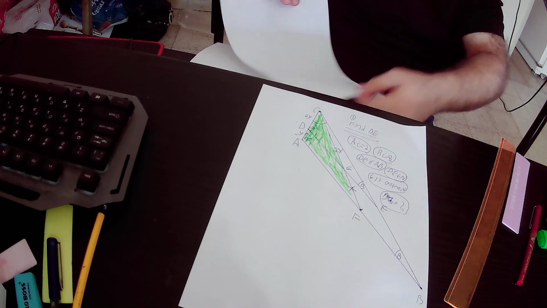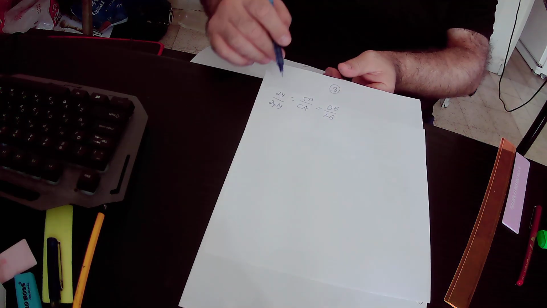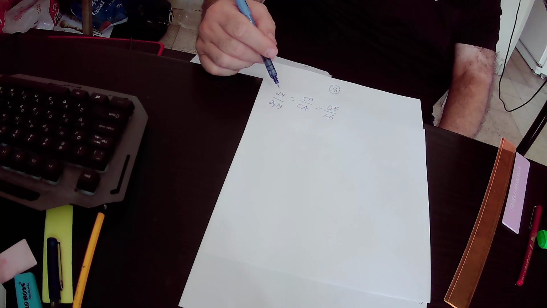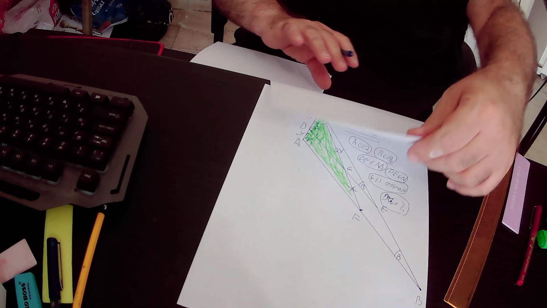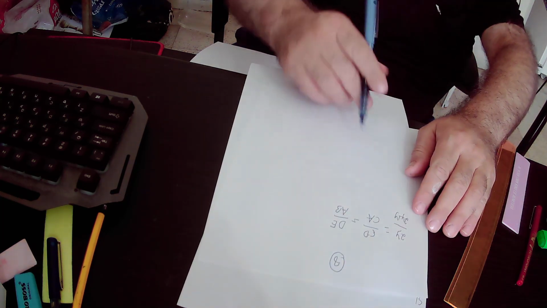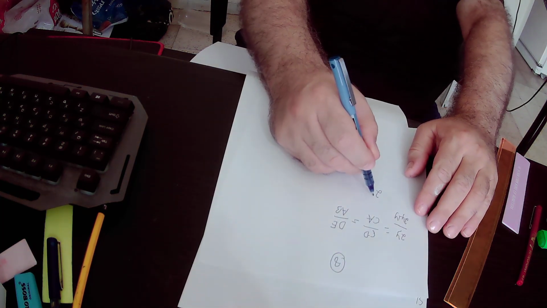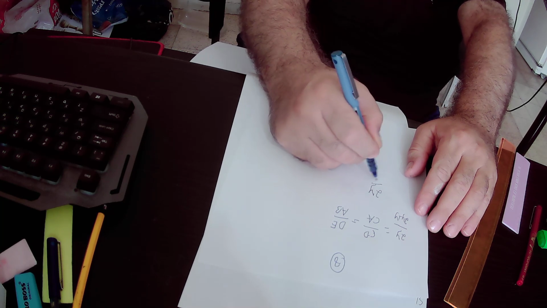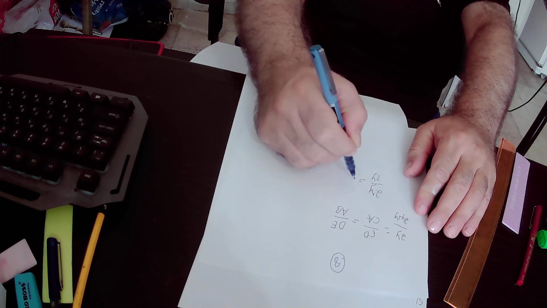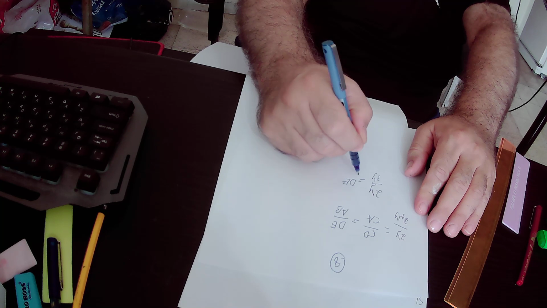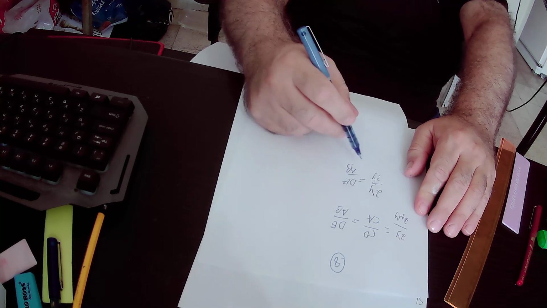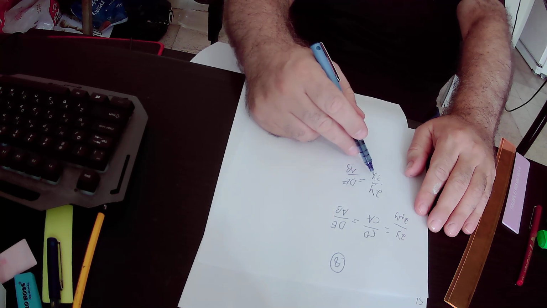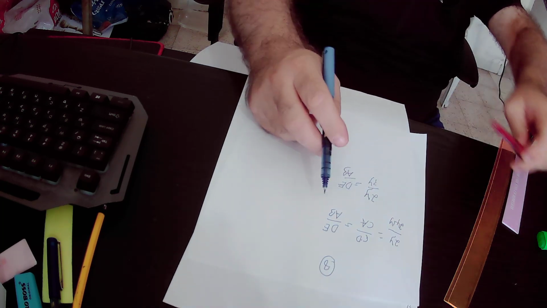So in total we get 2y over 2y plus y equals DE over AB, or 2y over 3y equals DE over AB. Here y over y is 1, so y will get cancelled.